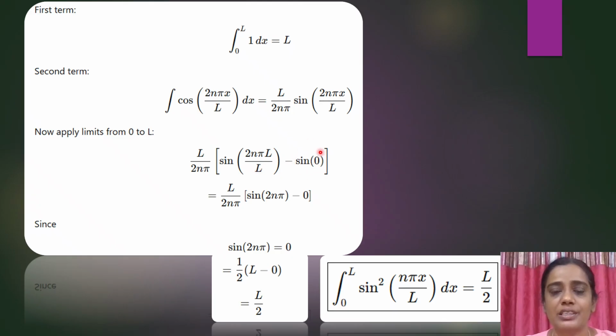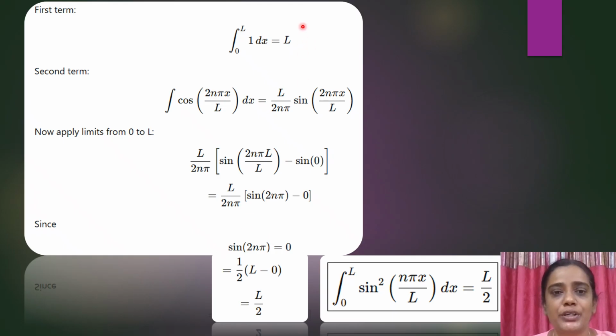This second term becomes 0. So we have sine of 2 n pi. We know sine of integral multiples of pi is equal to 0. So that term also becomes 0. Now the second integration term completely becomes 0. Only the first term remains.